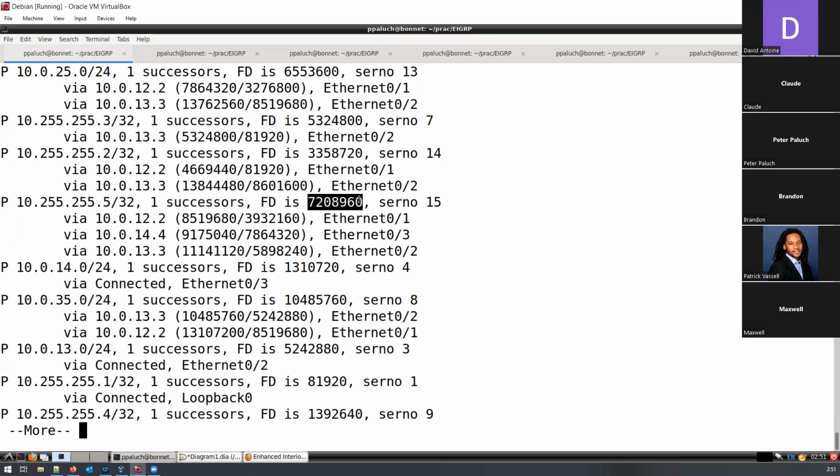I don't know what this number means here. I cannot be certain that the guy doesn't return to me, because let's make those numbers simpler. If my feasible distance is 10, and your reported distance is 15, so I am 10, you're 15. What does your 15 mean?